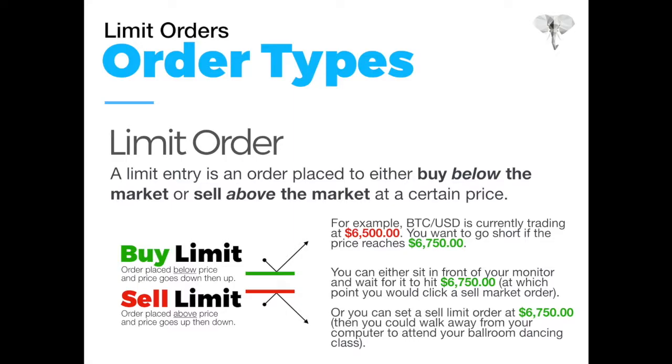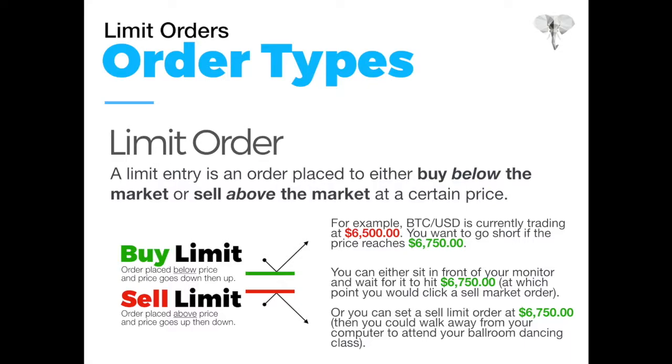Or alternatively, you can set up a sell limit order at 65.50. At that point, you could just walk away from the computer, let the market do its thing. If it hits that point, great, it's going to short it for you on your behalf at the best market price available. If not, then the trade wasn't a setup and it nulls out essentially.